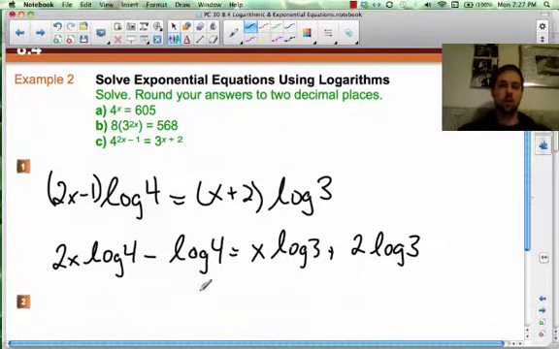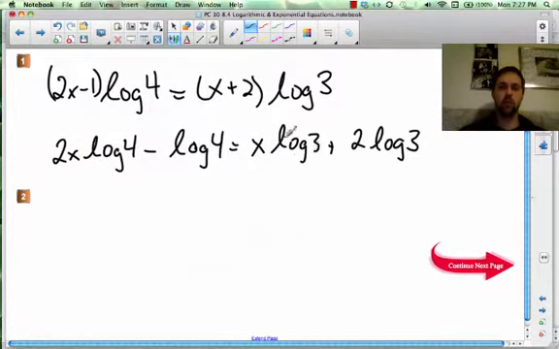Now, since we want to isolate x, we want to group everything with an x in it on one side of the equation. So I'm going to move this log 4 over to the right, and I'm going to move this x log 3 over to the left side of the equal sign.